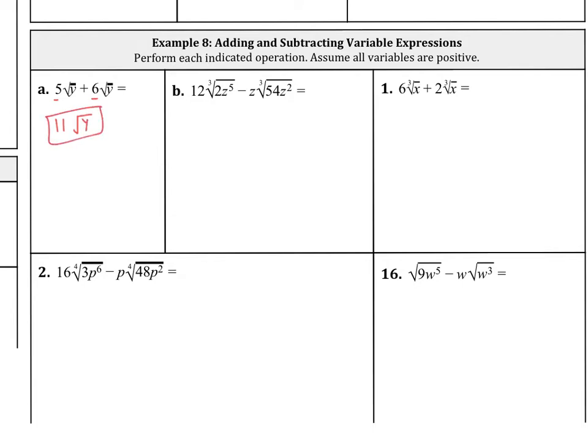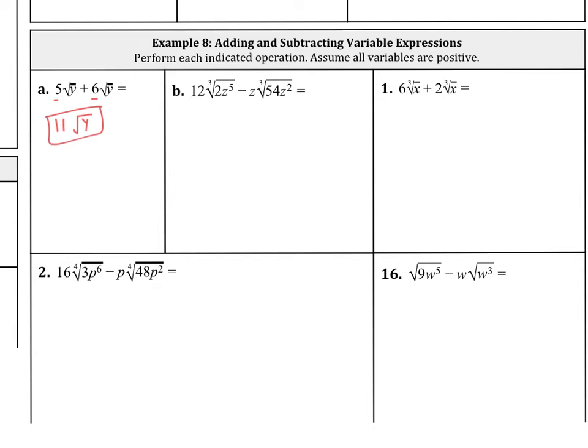Now for the next one, you have the cube root on both of them, so the index is the same. But inside you have 2z to the 5, and here you have 54z squared. If we can make the inside the same, then we can add or subtract. Otherwise, we will not be able to add or subtract these two radicals.